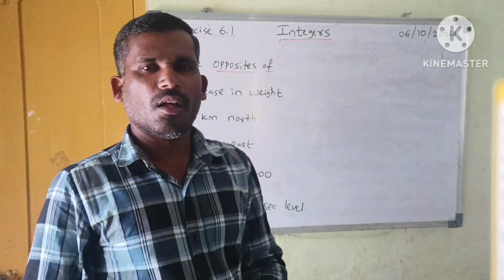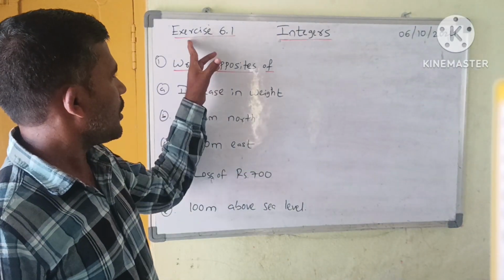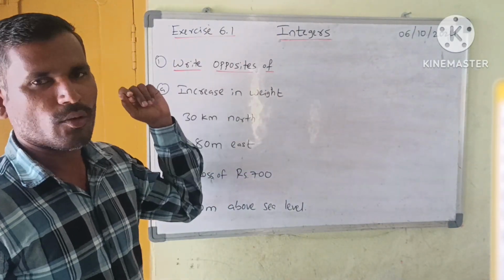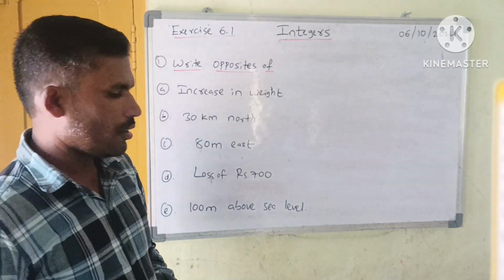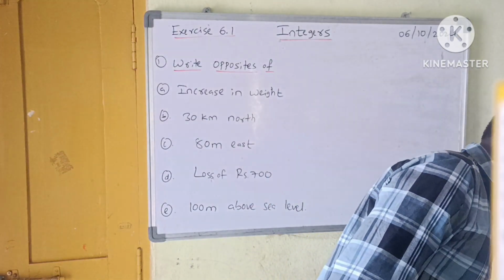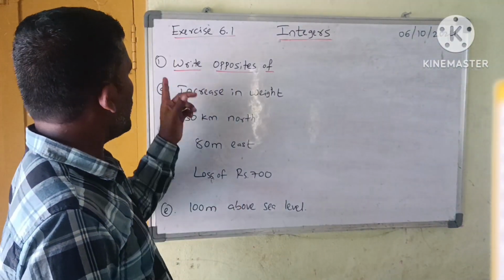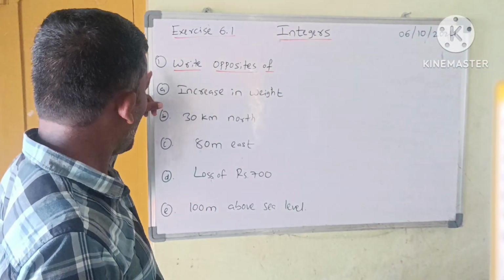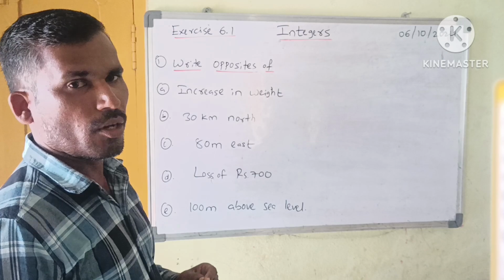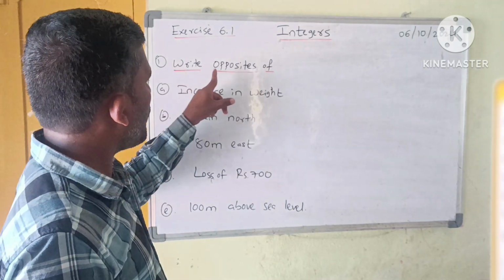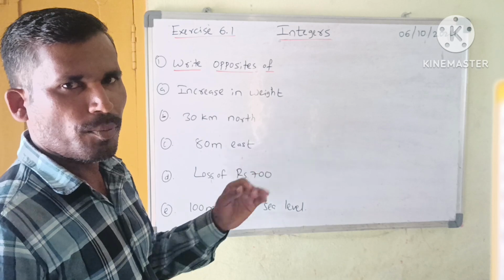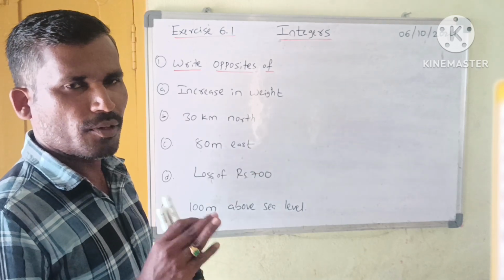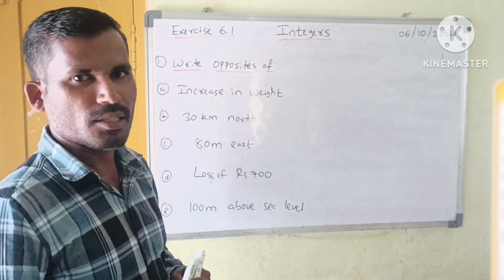Okay. Now I am telling the exercise 6.1, the first exercise in integers. In this we have 10 bits, with A, B, C, D, E, 5 problems in each. Write the opposites of the following. Opposite means, if you have plus, we have to take minus, and if you have minus, then you have to take plus.